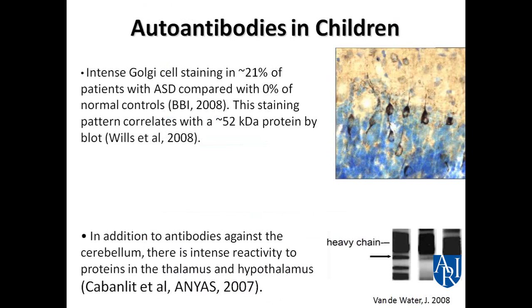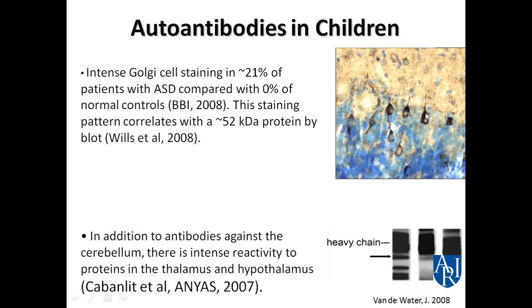Autoantibodies have also been described in children. Here is a description of antibodies directed to Golgi cells in the cerebellum. You can see the staining here in the human cerebellum, showing antibodies directed to Golgi cells.